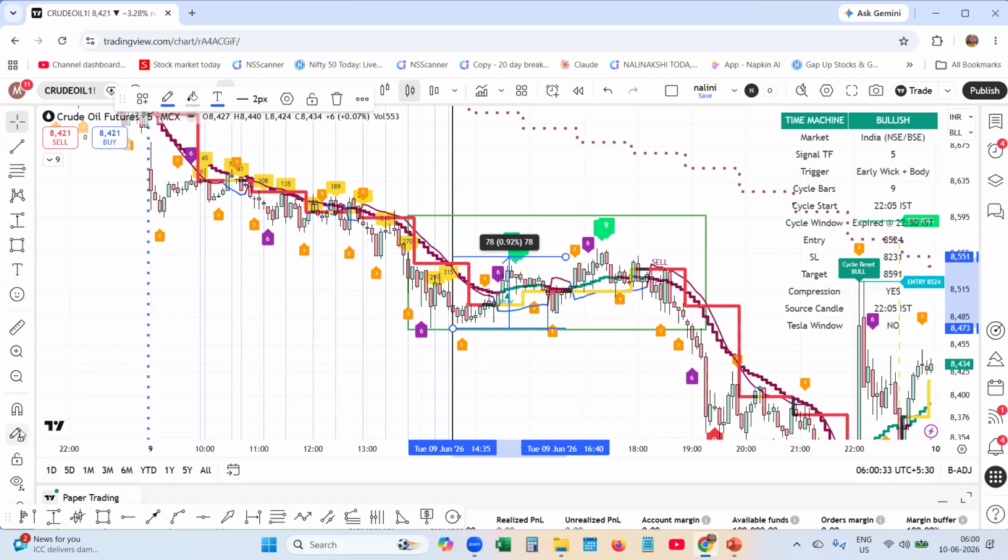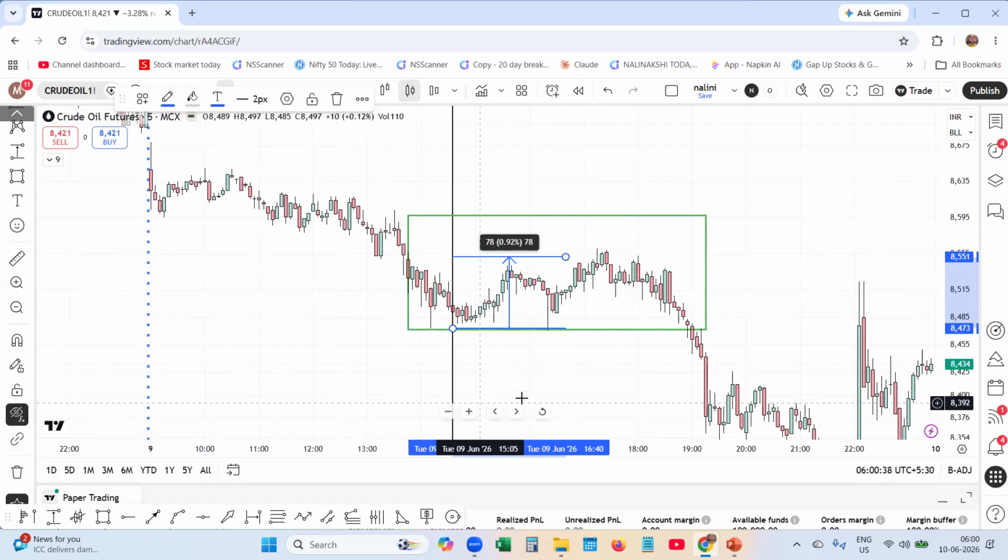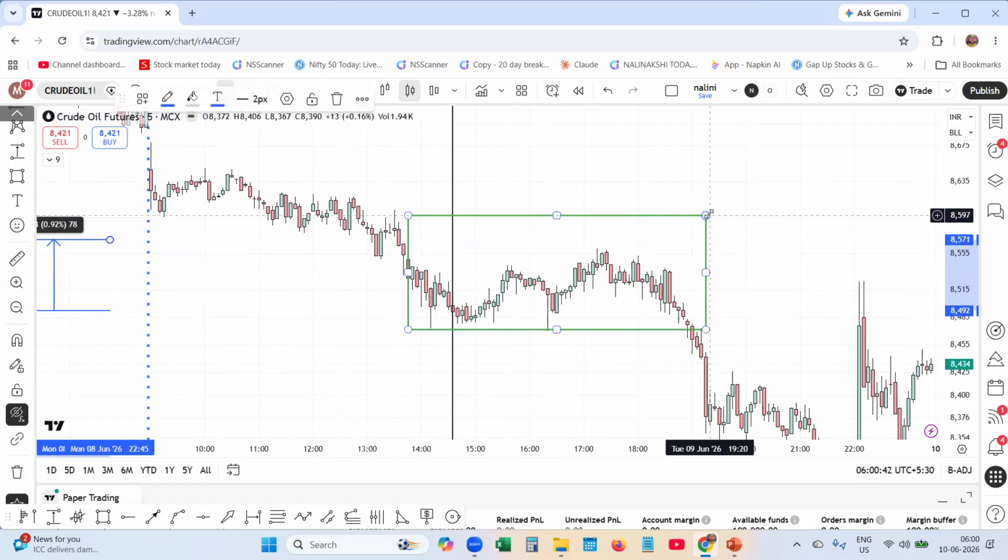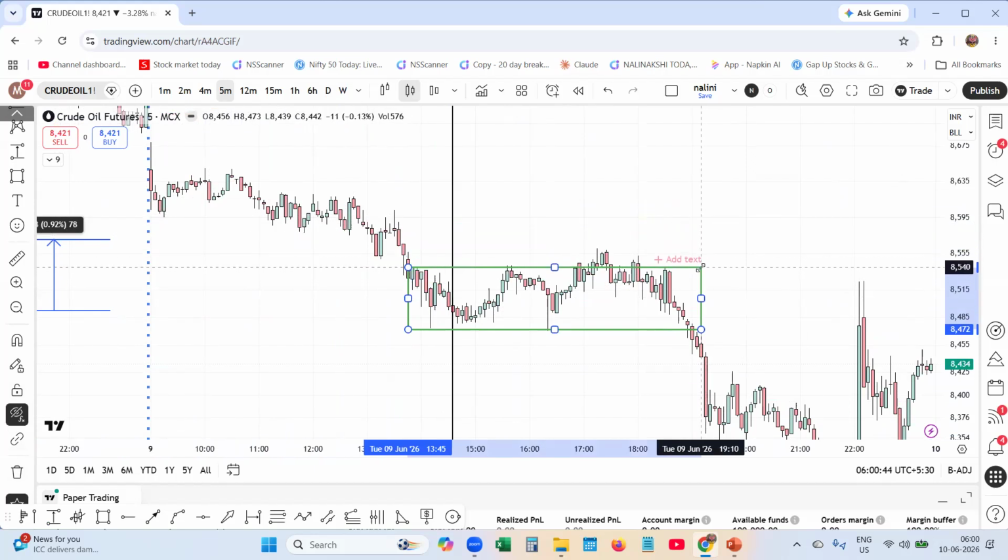Let me hide the indicator. If you are a price action trader, what I've learned is, I'd think it is a reversal, definitely.